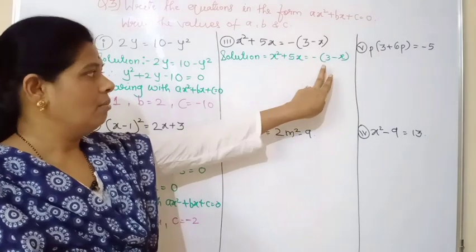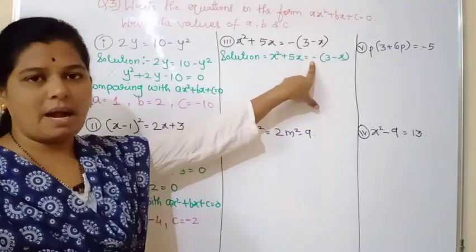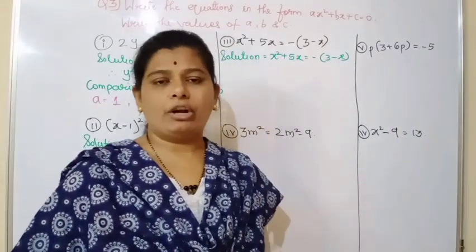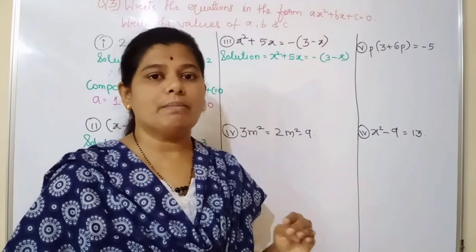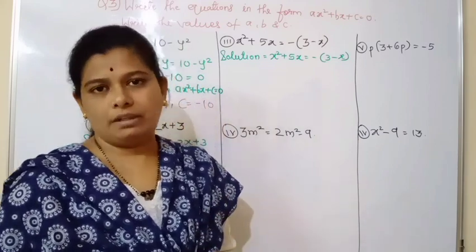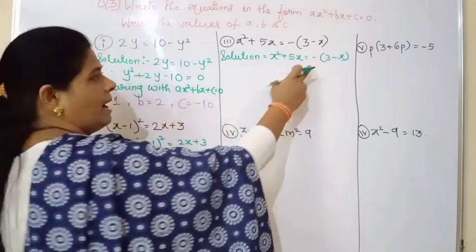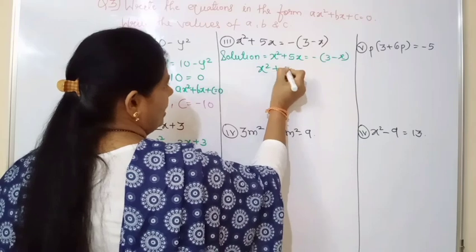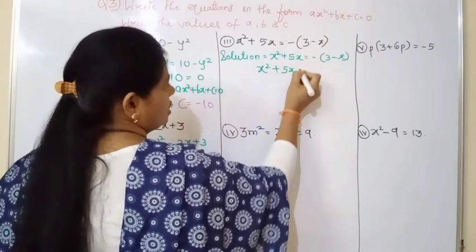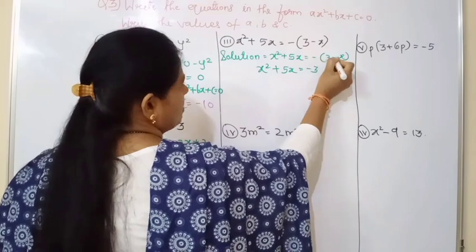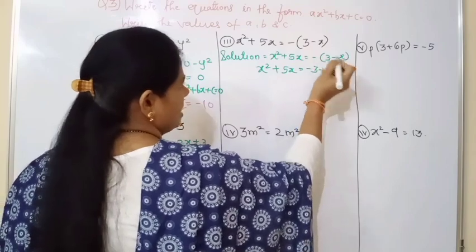Solve this bracket, because before the bracket there is a minus sign. So always keep in mind, if outside the bracket there is a minus sign, we have to change all the signs which are inside the bracket. Okay. So before the bracket now there is a minus sign, so we will just solve the bracket and we will arrange it. X square plus 5x equal to minus 3, and this minus minus plus x.